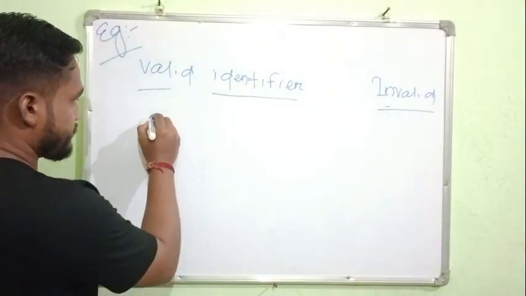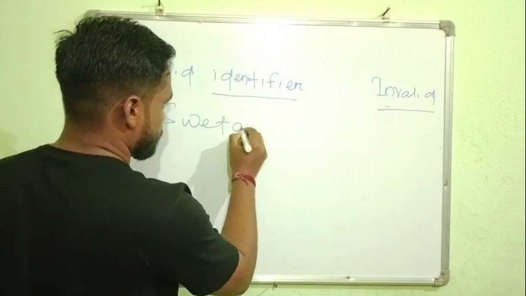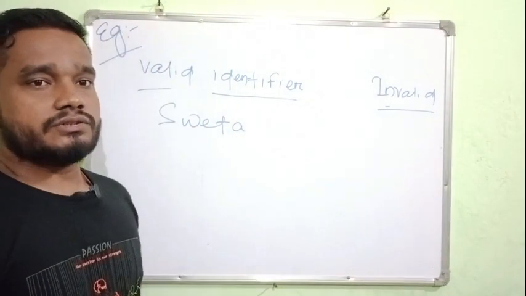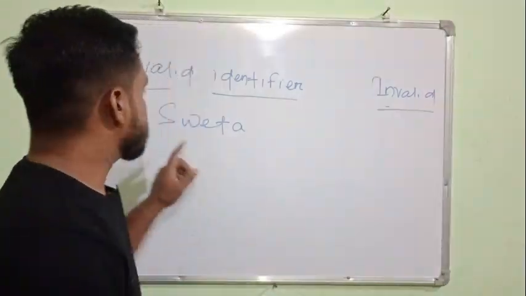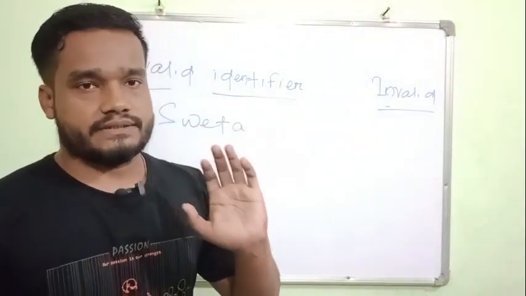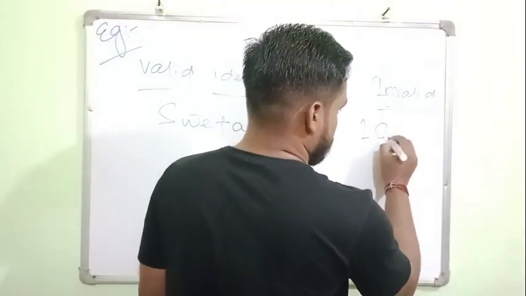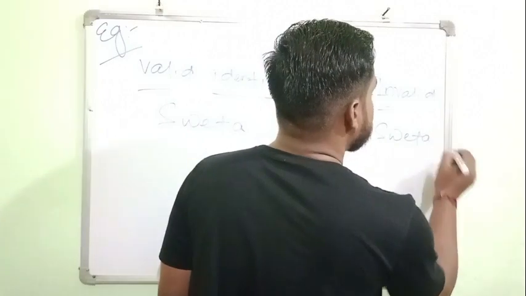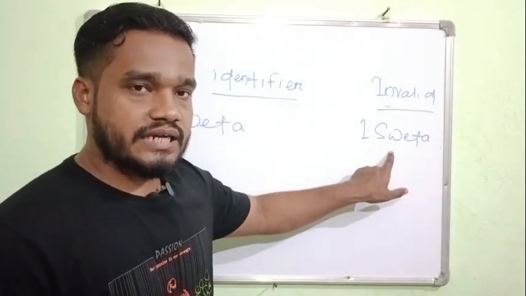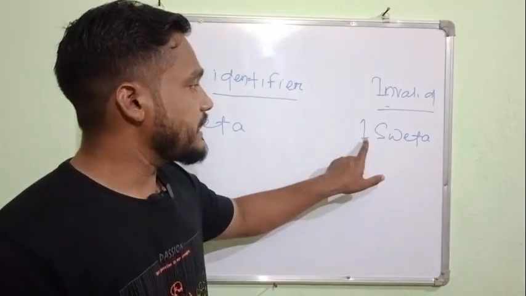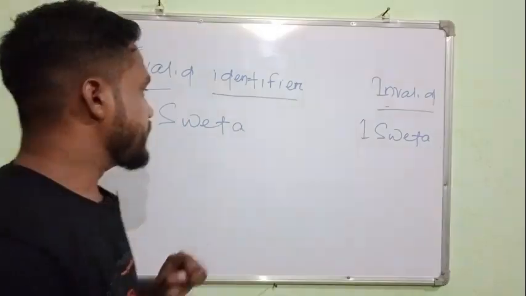Suppose I will write Sweta. Sweta is a valid identifier because it start with uppercase. But if I will write 1Sweta, it is not an example of identifier because identifier never starts with digit. So this is a invalid identifier.